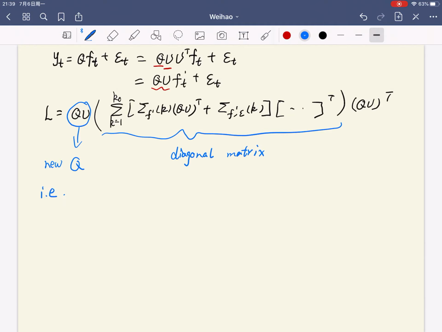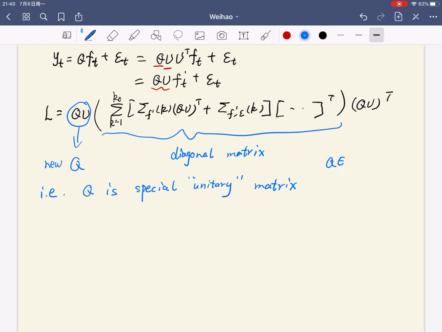That is to say, Q is a special matrix. Why do we have this double code?